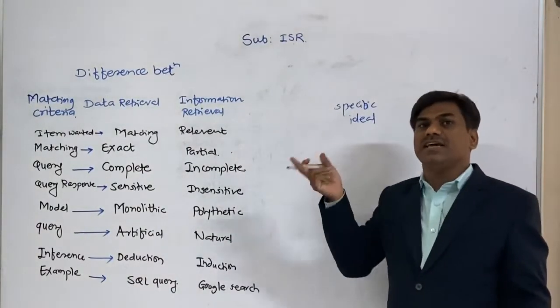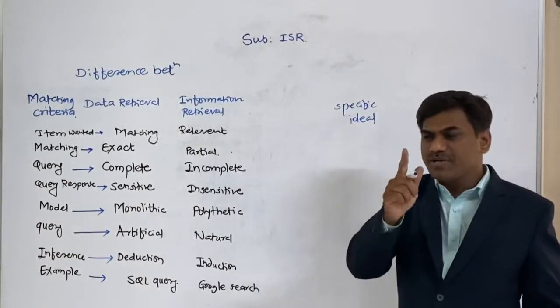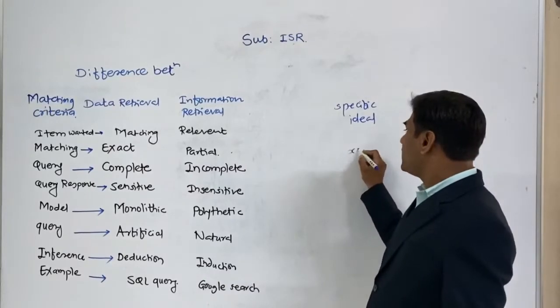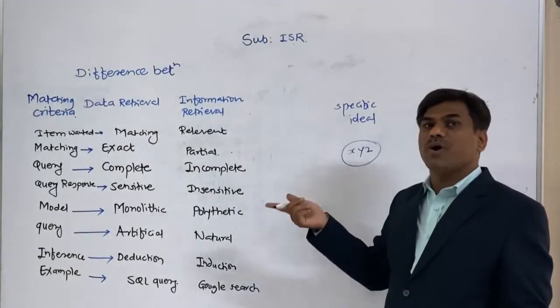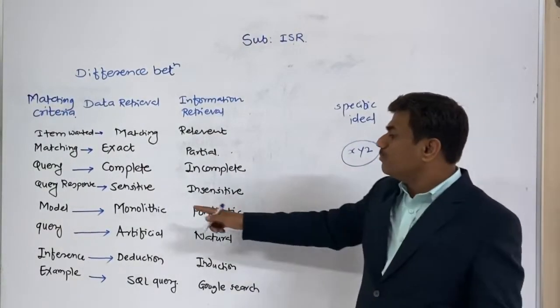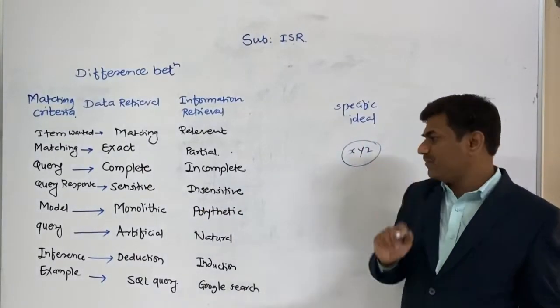This answer is not the response of any other query. I repeat my statement. Suppose for the fired query in SQL you have got XYZ as the answer. This answer is not the response for any other query in SQL. So this model is called monolithic, means only one answer for only one query.